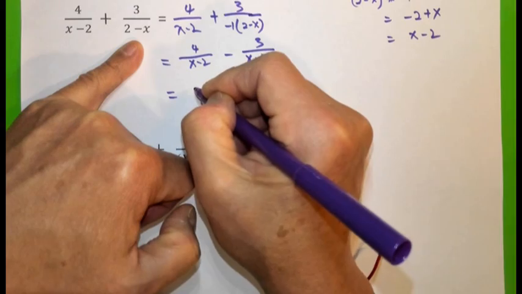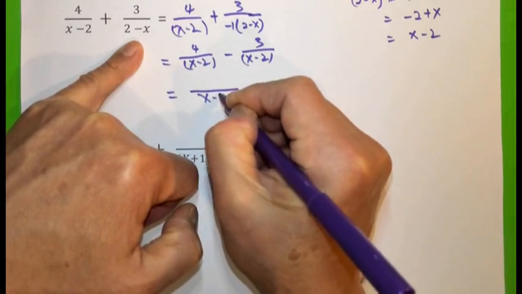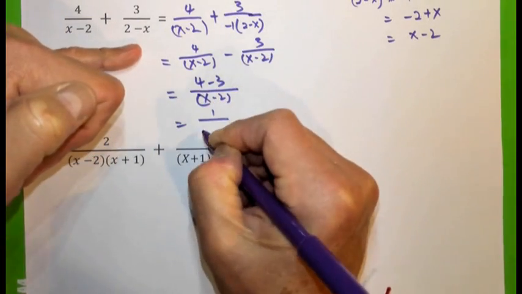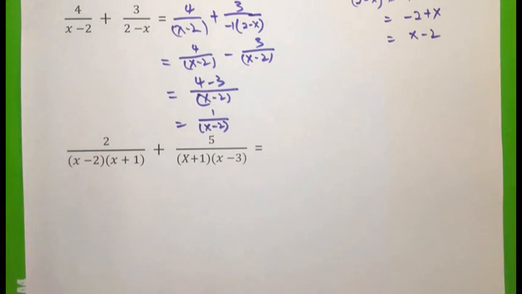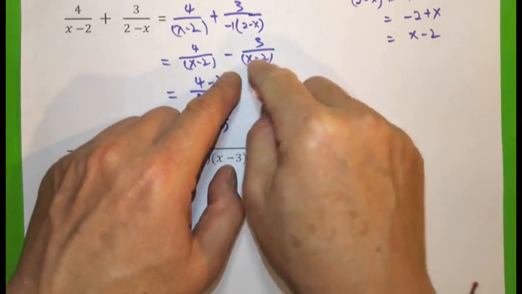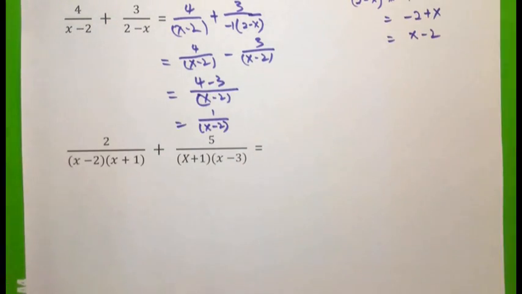Therefore, it's x minus 2 as the denominator, 4 minus 3. That equals 1 over x minus 2. Alright, this is just looking and trying to work out what you can use the minus 1 for. Alright, what about this one?